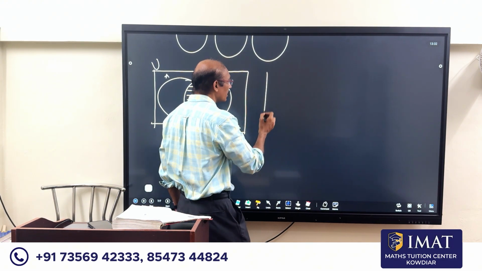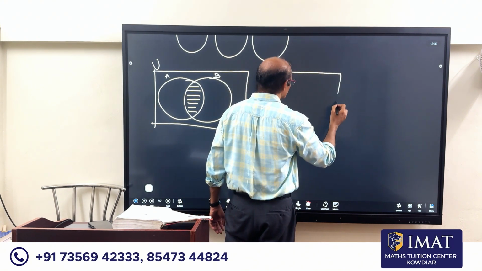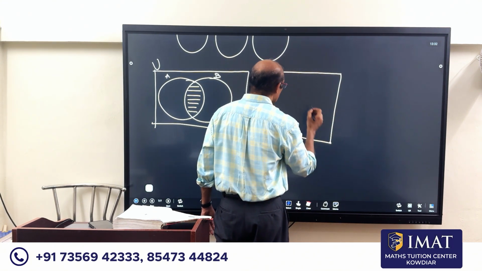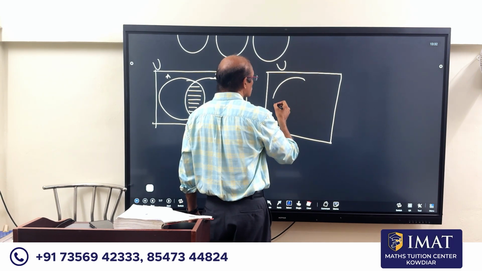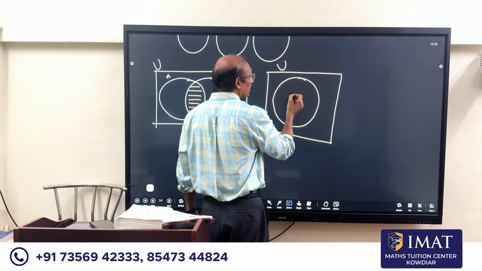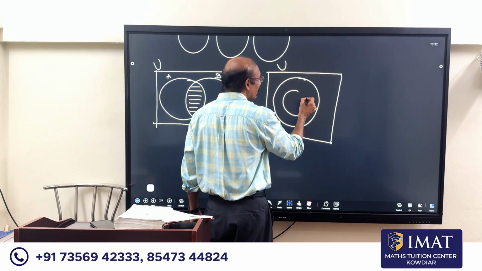Now suppose I take a case like this. I take a universal set U, right? And I take a set and take another set inside the first one.